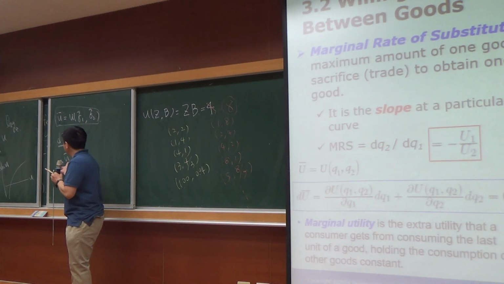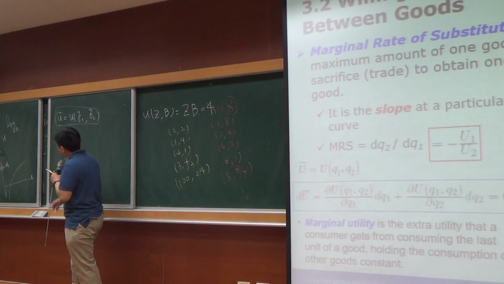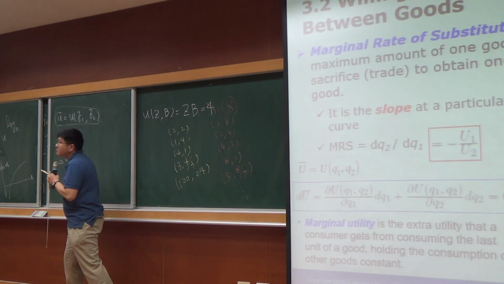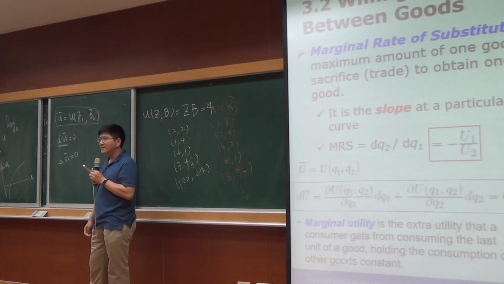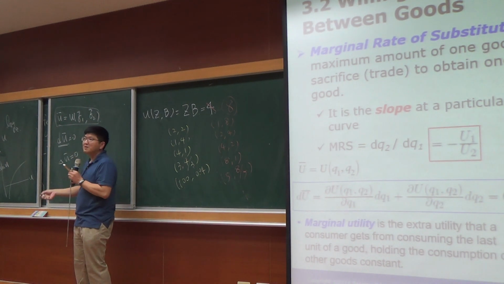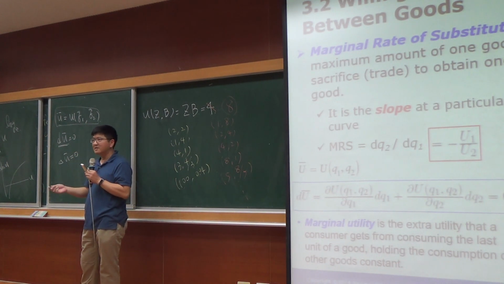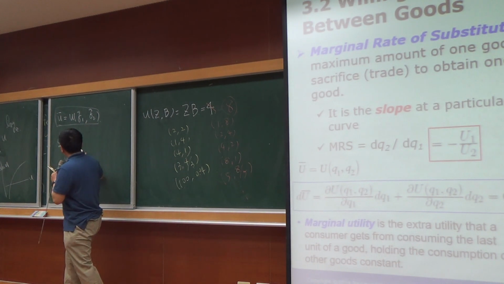Is a constant, so the difference of the constant would be zero. Very nice. So the differential must be a zero, right? Differential means the change of U bar. The change of U bar must be a zero because U bar is a constant. Is that clear? Okay?